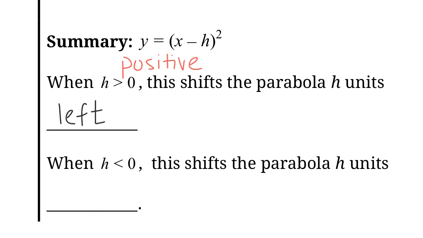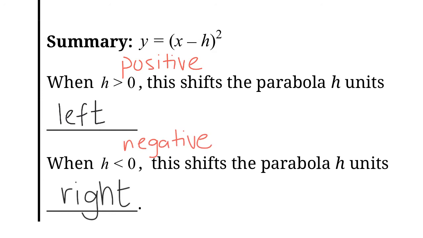That means you're going to the left side of your Cartesian plane. On the flip side, when you have an h value inside your bracket that is less than 0, meaning it is negative, that means you're going to shift your parabola to the right.